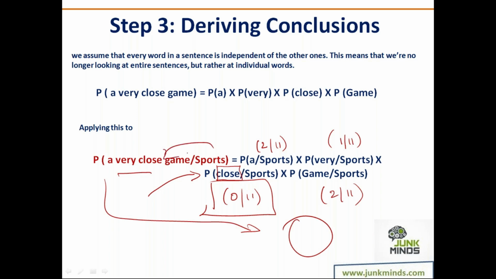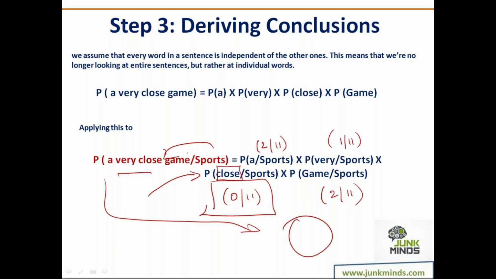But this has happened just because I've used a word which has never been used before with sports. Don't you think this is absolutely stupid? Just because there is one word which does not appear in our database, we say that this cannot be about sports. It cannot work like that.